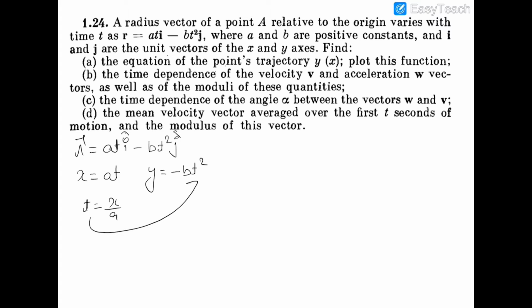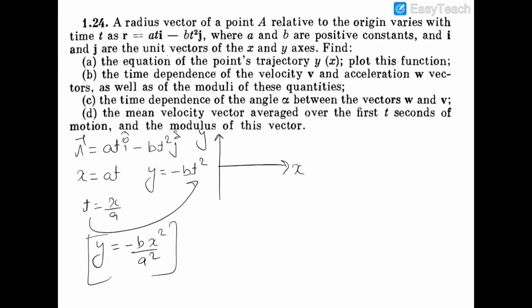We can substitute the value of time, so y will be minus b x square by a square. This is a parabola which is opening in the downward direction. So this parabola would be in the fourth quadrant, and its vertex would be at the origin. So it would be like that.